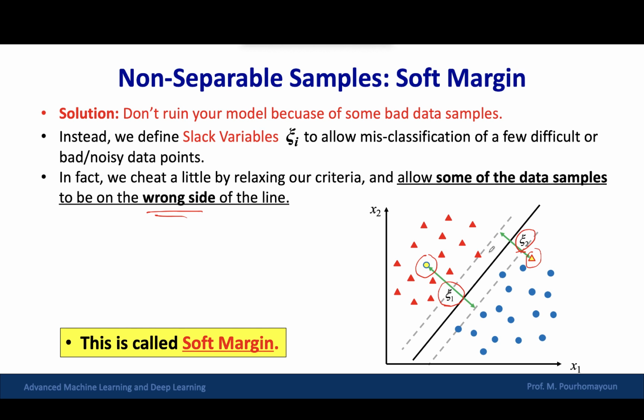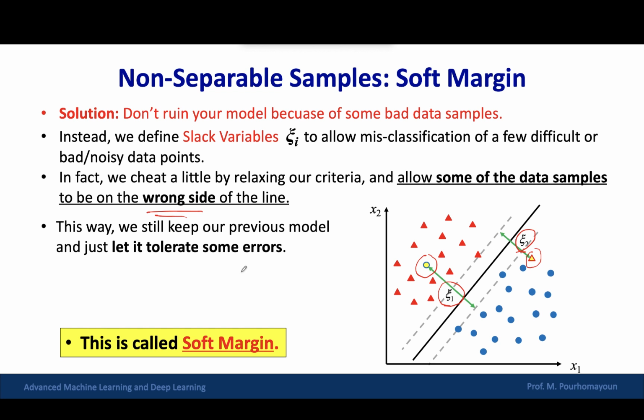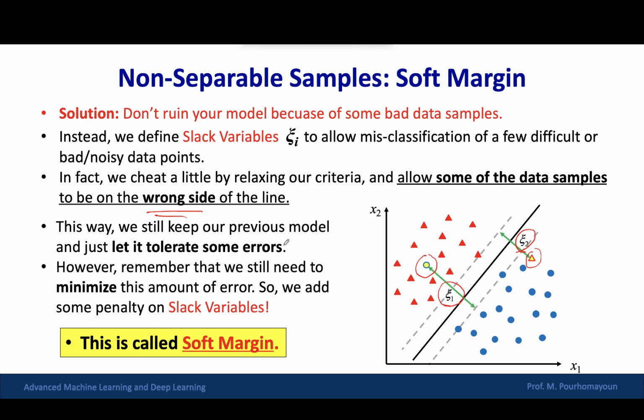However, it cannot be too relaxed, otherwise the classifier doesn't work. So I have to make sure that these xi variables will be as small as possible, okay? Because I don't want to let everybody be on the other side. So this way we will keep our previous models and just let it tolerate some errors.